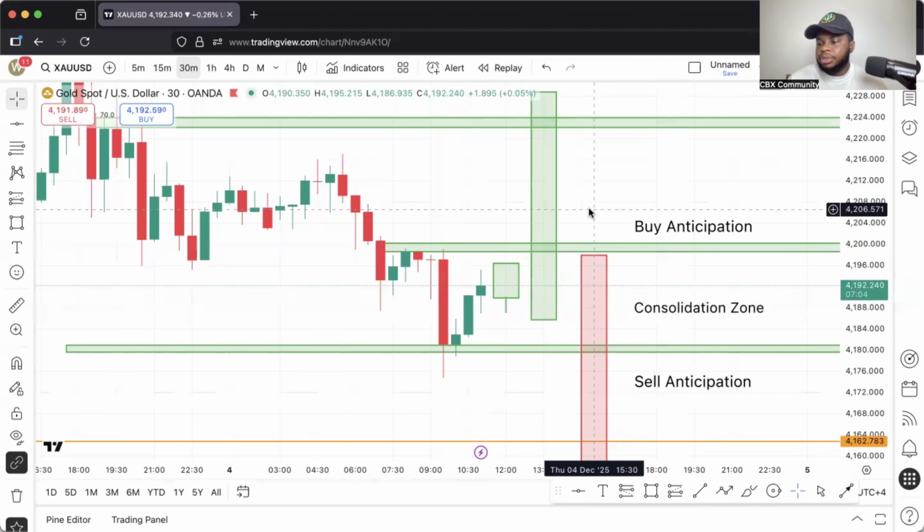Let's see what the candle wants to do. Let's be patient. We don't need to do anything.